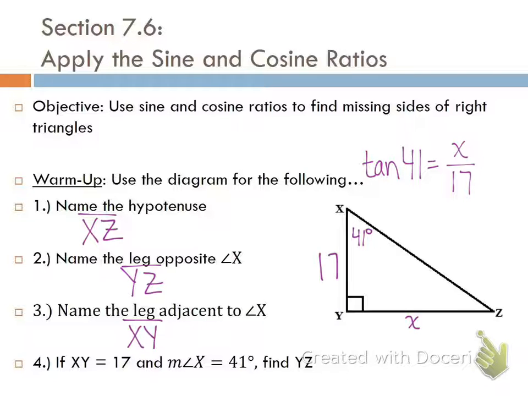Now that we have an equation set up, we can cross multiply to solve it. What's the easy cross product? x equals 17 times the tangent of 41. From there, we plug that into our calculator. I would highly recommend putting the 17 times first, and then your tangent of 41.